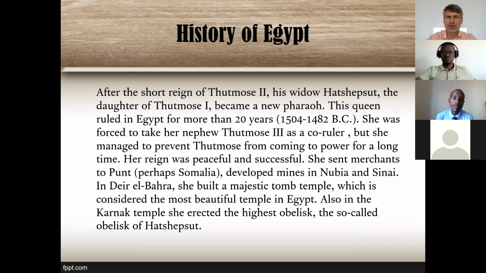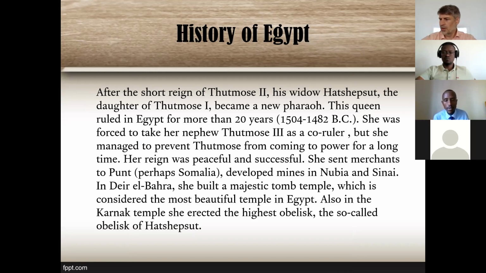But what I would like to mention here as well is that when we go back to the reign of Hatshepsut, you see she reigned from 1504 until 1482, and when we compare it with the life of Moses, we can see that Moses in 1445 BC was 80 years old.